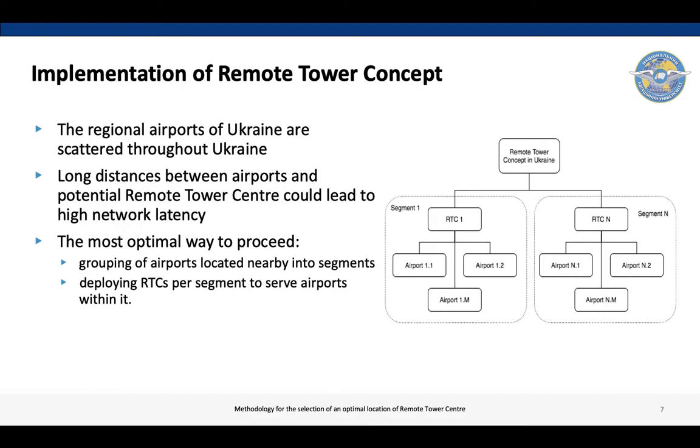The most optimal way to ensure the minimal distance between airport sites and remote tower centers would be grouping airports that are located nearby into segments and deploying remote tower centers per segment to serve airports within it.